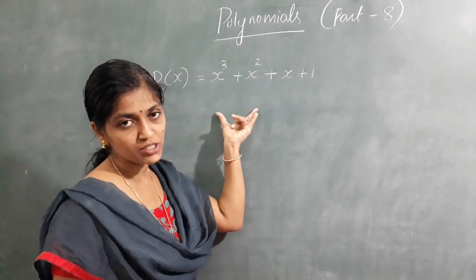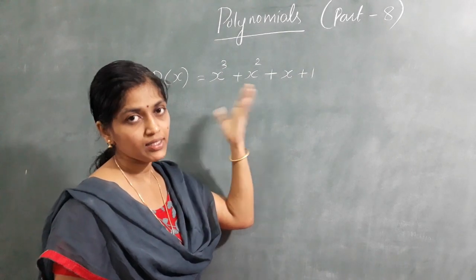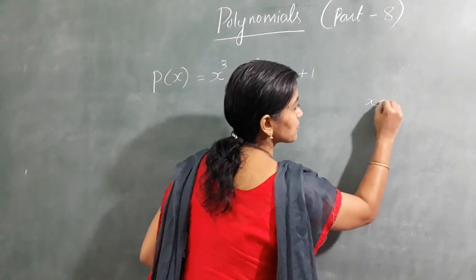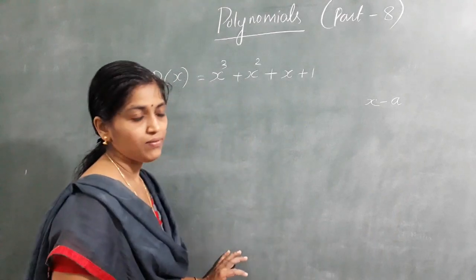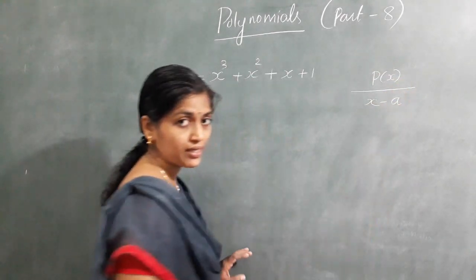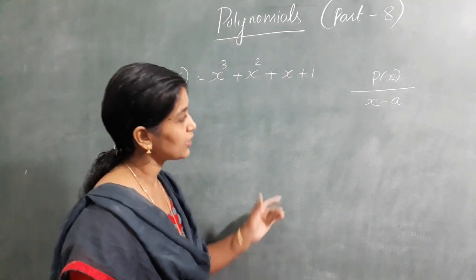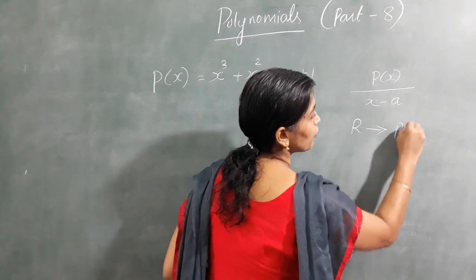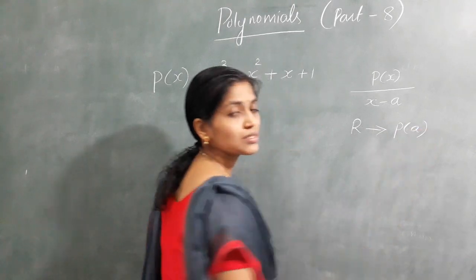Suppose we are dividing this polynomial by another polynomial, according to the theorem x minus a. When P of x is divided by x minus a, the remainder is P of a.